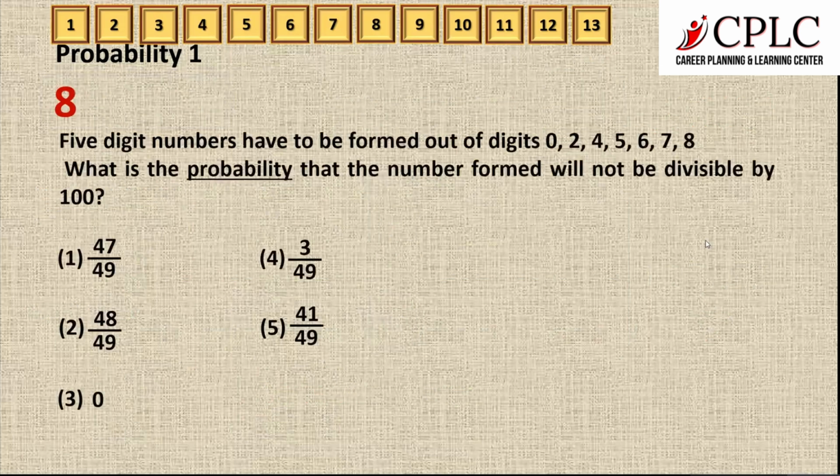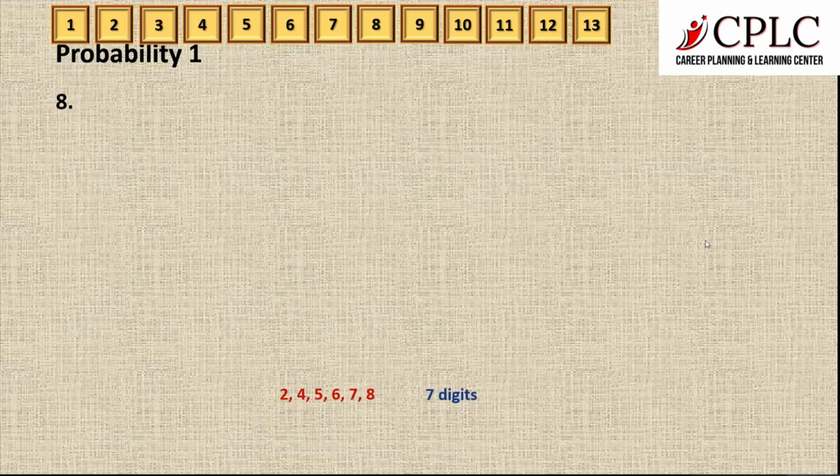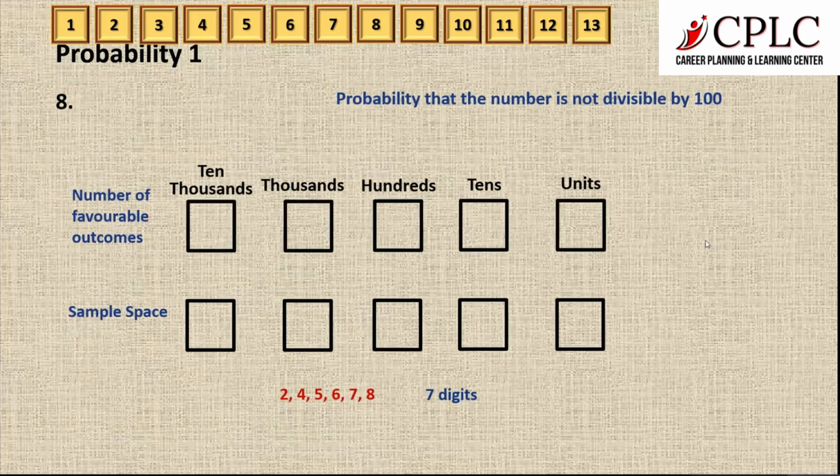Moving to the next question. 5-digit numbers have to be formed out of digits 0, 2, 4, 5, 6, 7, 8. What is the probability that the number formed will not be divisible by 100? So let's take the complement part. That is 1 minus the probability that the number is divisible by 100, because this one is much easier to calculate.